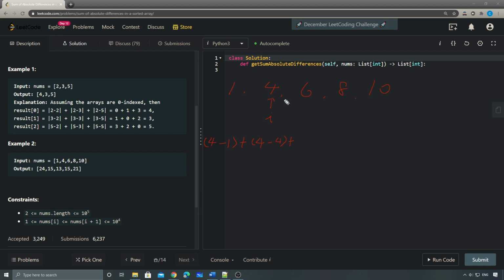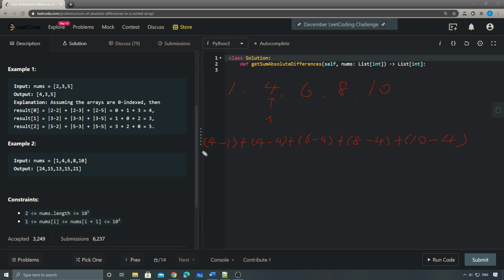Anything that's after 4 is going to be greater than 4, which means to calculate the absolute difference for those numbers, we do 6 minus 4, plus 8 minus 4, plus 10 minus 4. Okay, now some patterns have appeared.